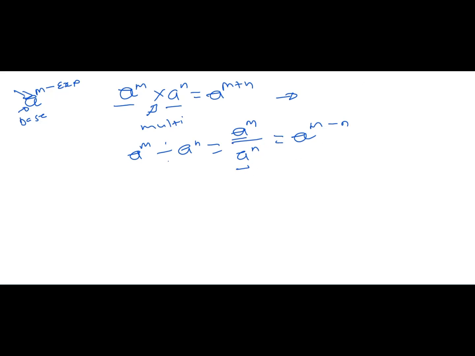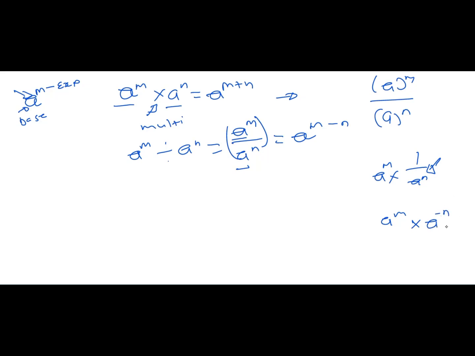Remember, this one is the same as, let's check something like this one. If we have a to the power m, also we have a to the power n, if we check, we have 1 over a to the power n, also this multiplication to the power m. So this is the same as a to the power m times a to the power negative n.